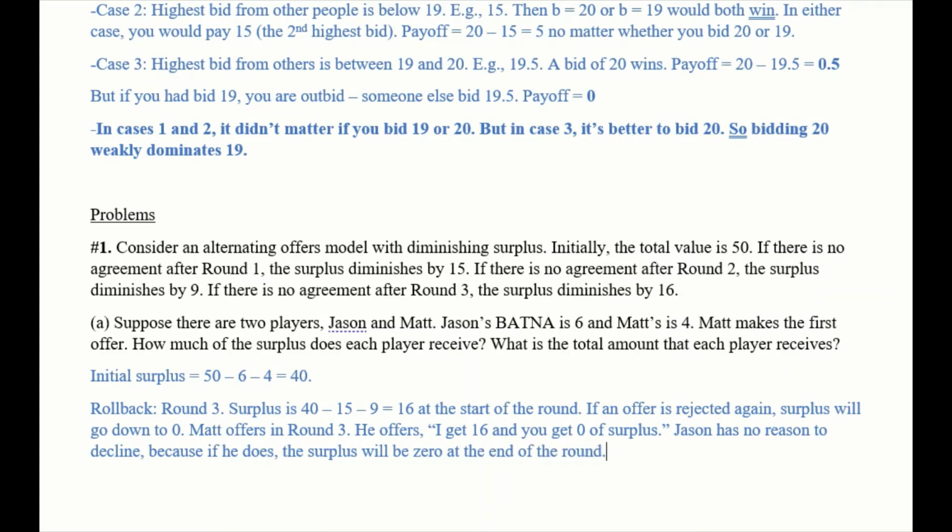So the usual objection, I talked about this briefly in the videos, but I'll restate it here for some extra review. It's a valid point that if I make this offer, Jason is indifferent between saying yes and getting 0 and saying no and also getting 0.